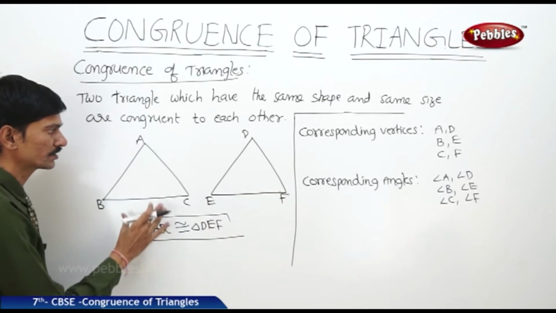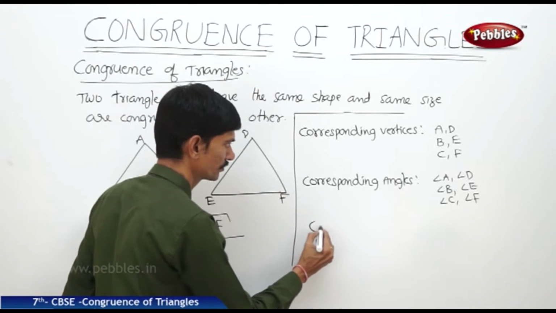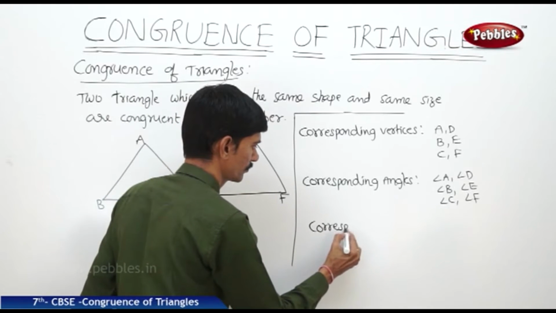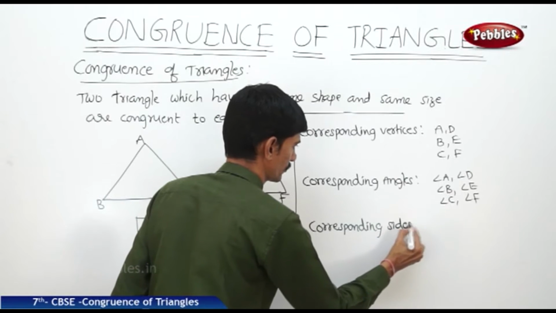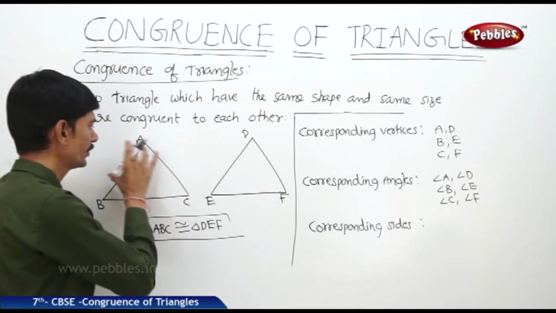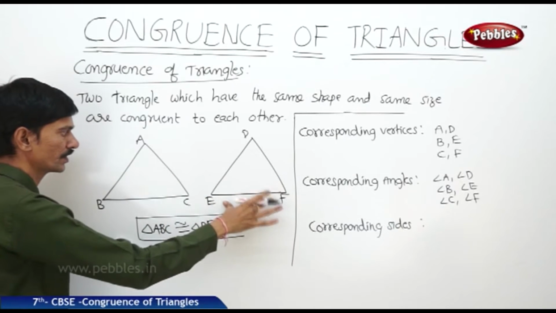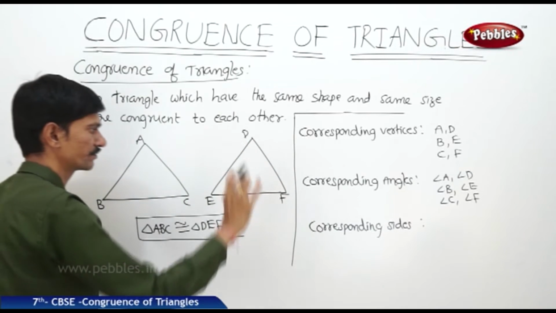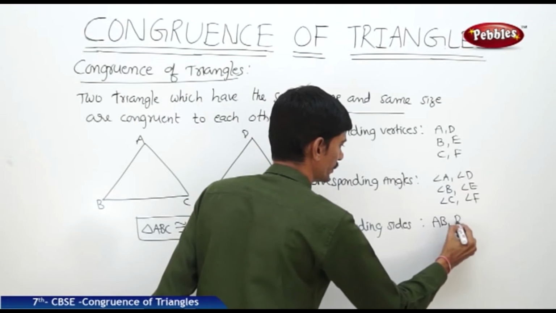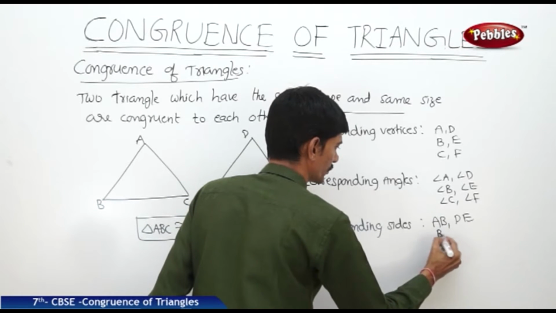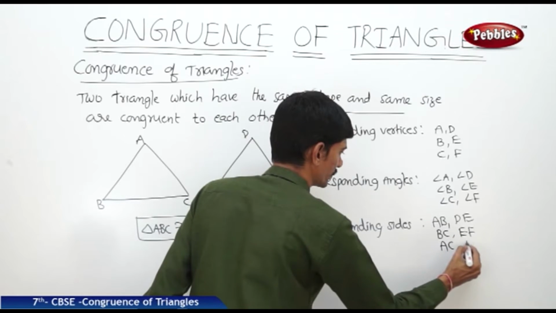Now what are the corresponding sides of the two triangles? So next we will write corresponding sides. Here AB corresponds to DE, BC corresponds to EF and AC corresponds to DF. So we can write AB and DE, BC and EF, then AC and DF.